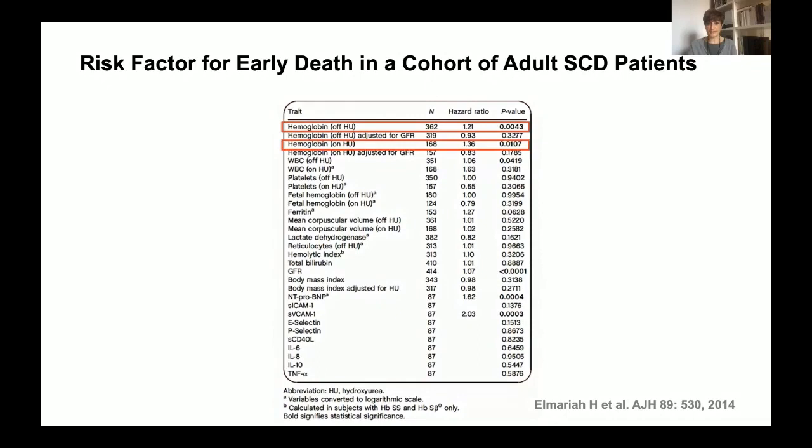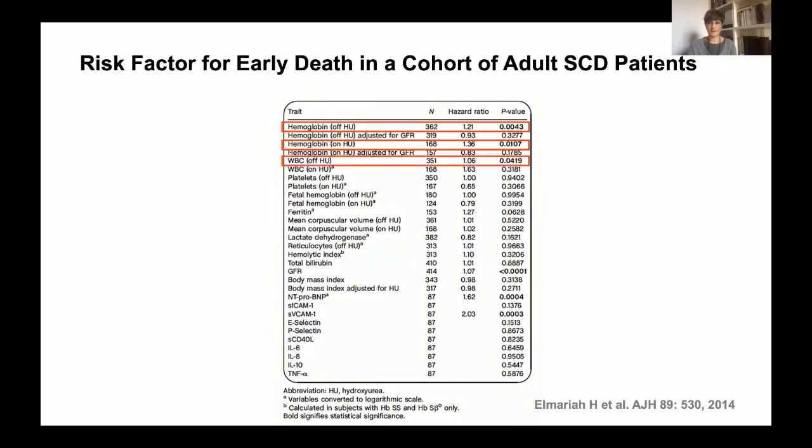And as you see, one of the parameters that definitely is increasing the risk of death, highlighted by the red box, is hemoglobin, independently of whether patients are on hydroxyurea or off hydroxyurea. So this is in a way exploring the hemolytic profile of the patient.